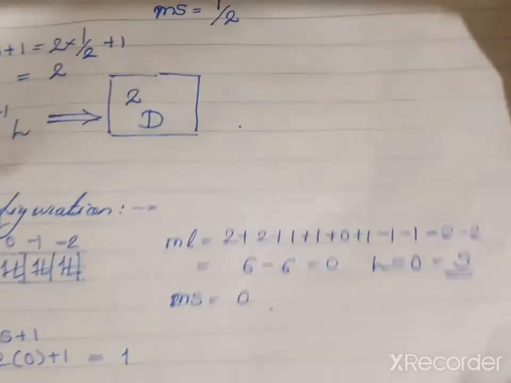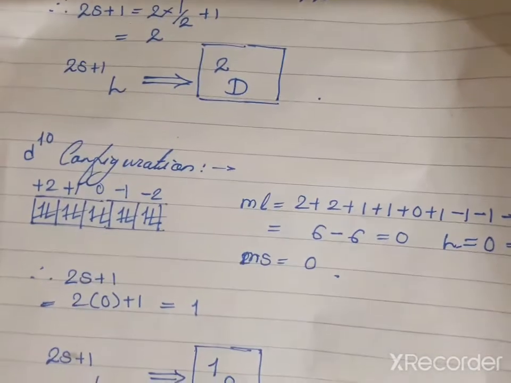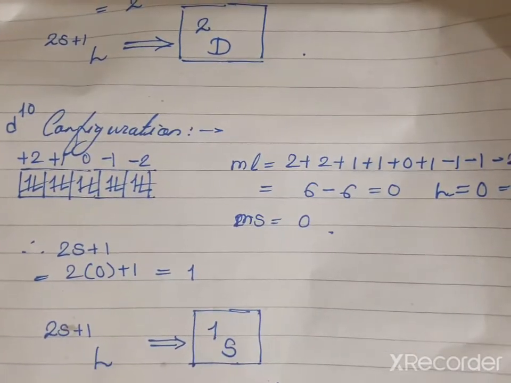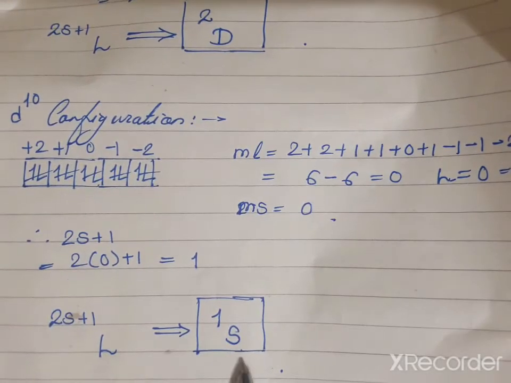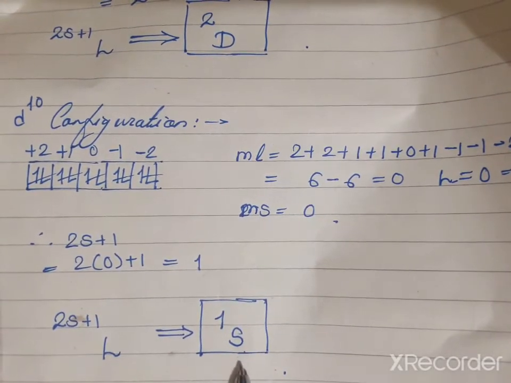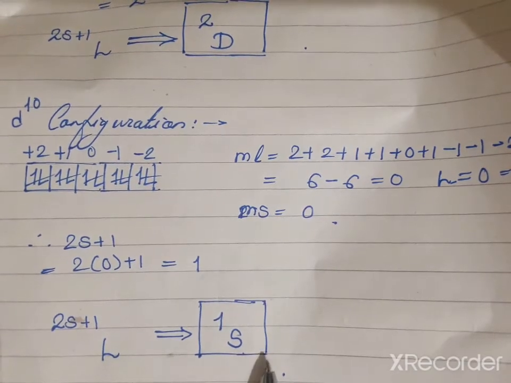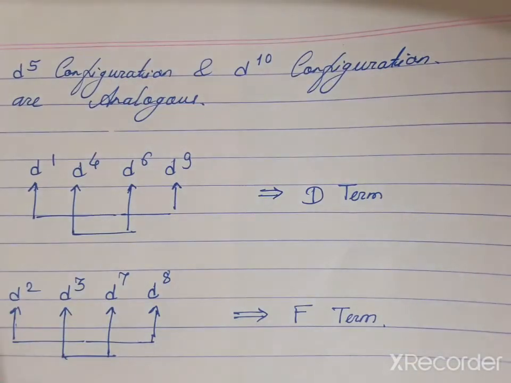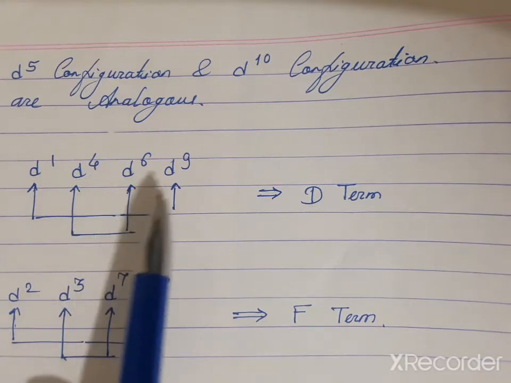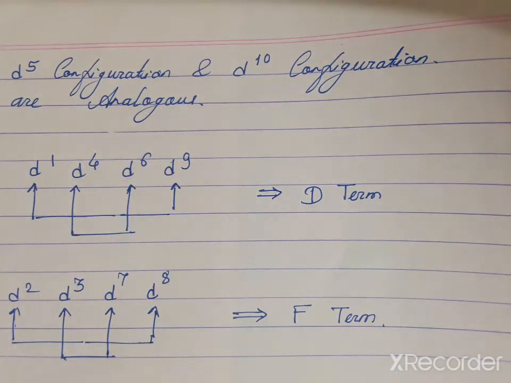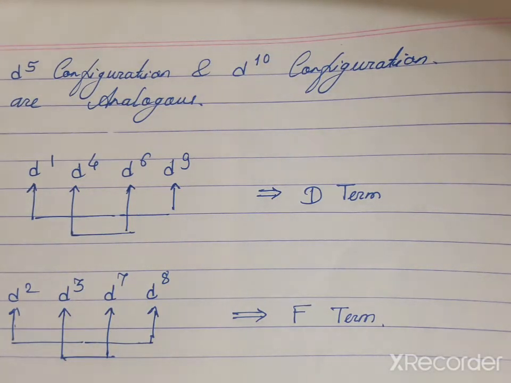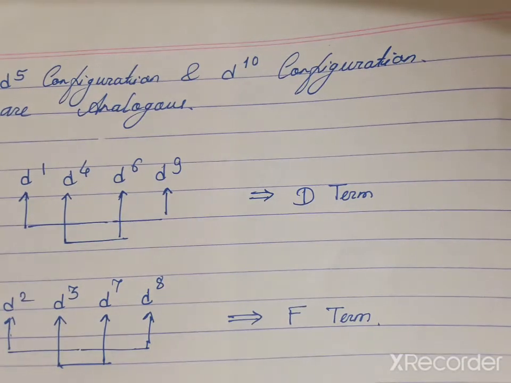What is the d10 term? Our term symbol is singlet S. So S terms are there in the d10 configuration, and these two configurations are analogous. Now d1, d4, d6 and d9. So there are different configurations we have discussed here, that is d1, d2, d3 and up to d10.